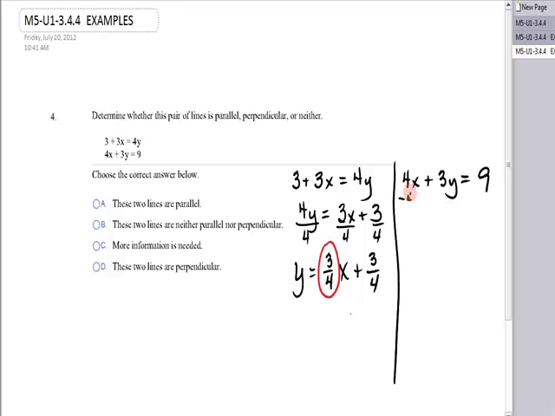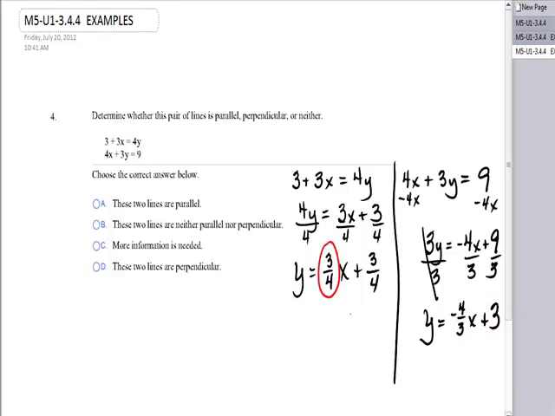Next one, I'm going to subtract 4x. So I have 3y is equal to negative 4x plus 9. Divide by 3. That means divide everything by 3. I get y is equal to negative 4/3 x plus 3. Compare.